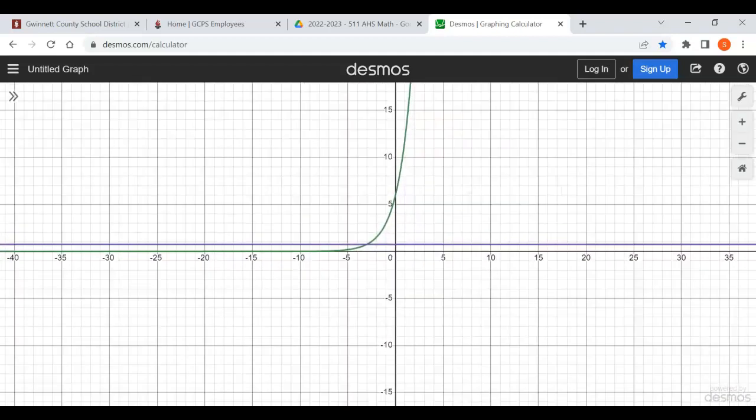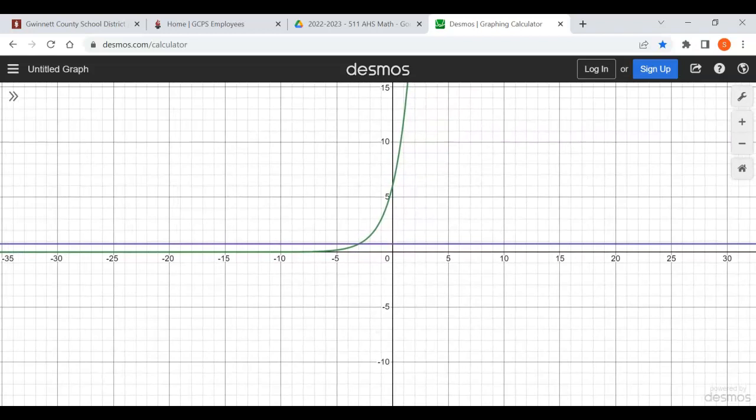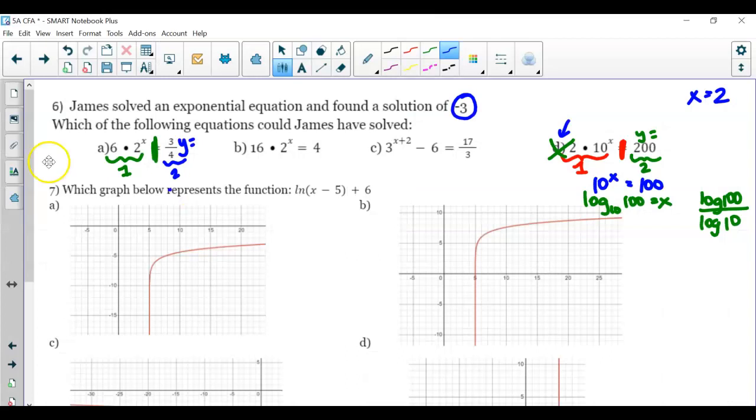I'm going to zoom back in. So now I can see right here, my two graphs cross each other. At what point? -3, 0.75. So notice what is the x coordinate? -3. So that means x is equal to -3. So that's why here the answer is A.